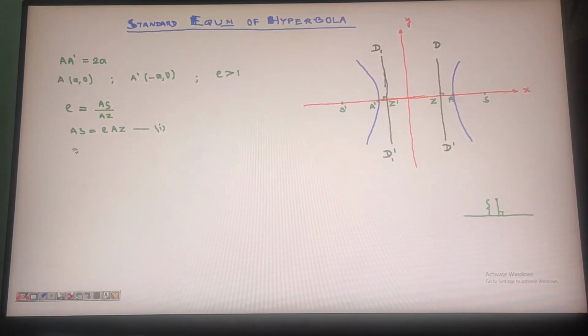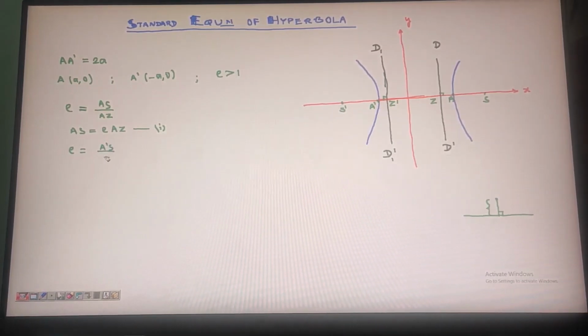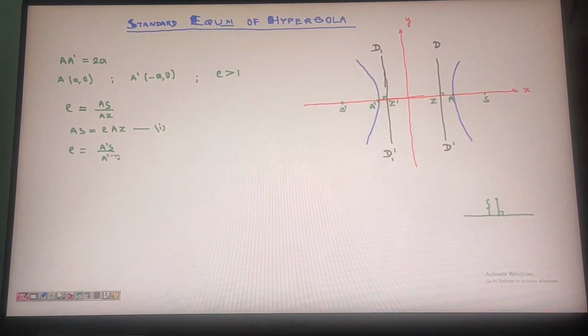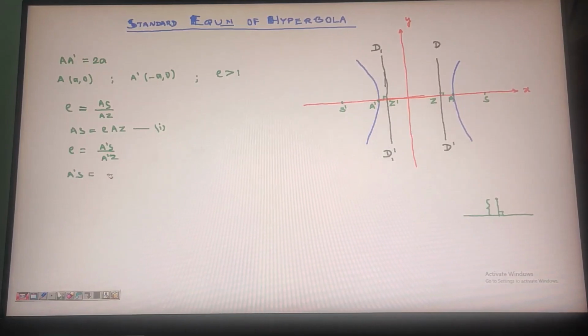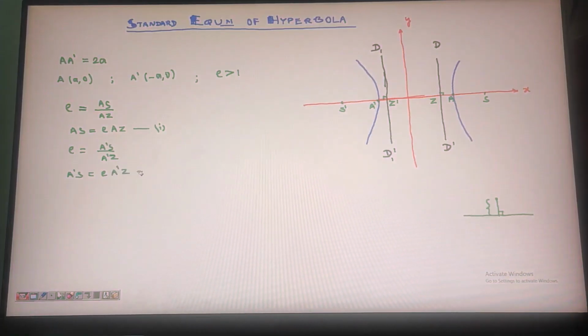Similarly, I will take another point, A dash, on the hyperbola. So A dash S is equal to e times A dash Z, equation number 2.